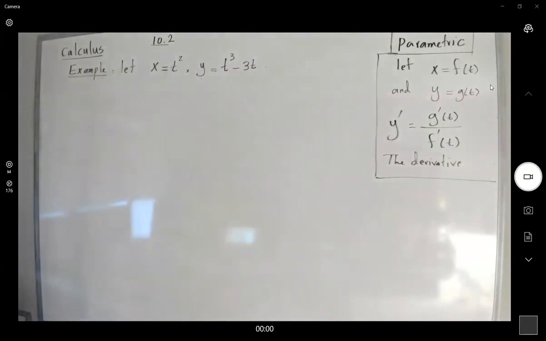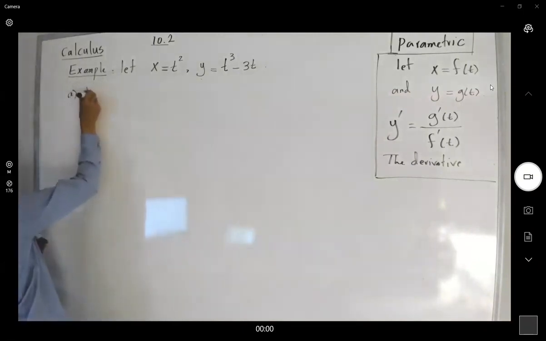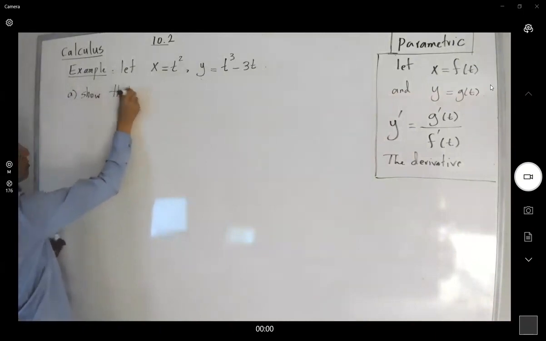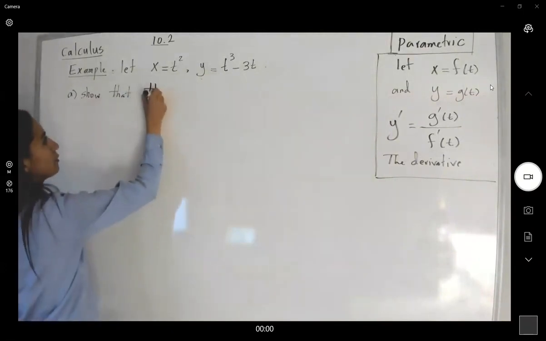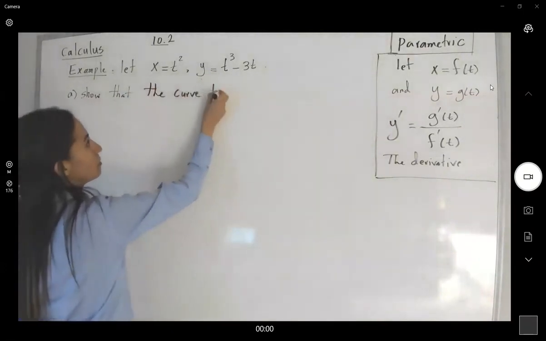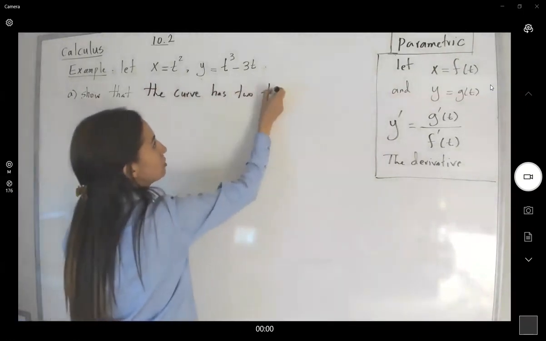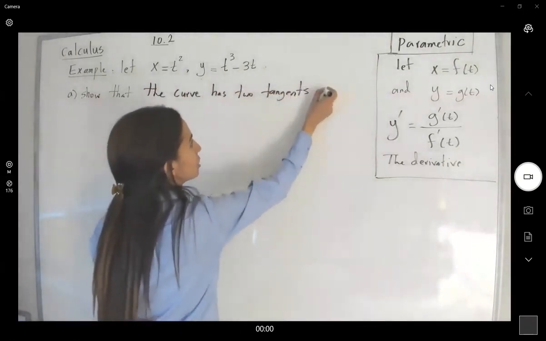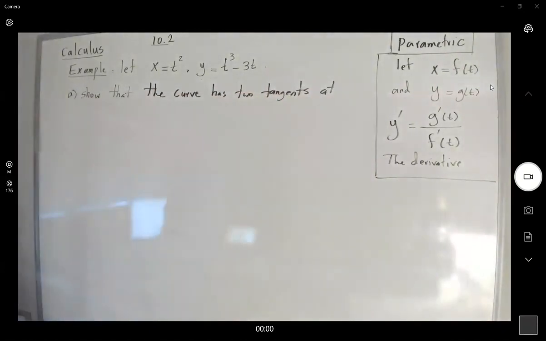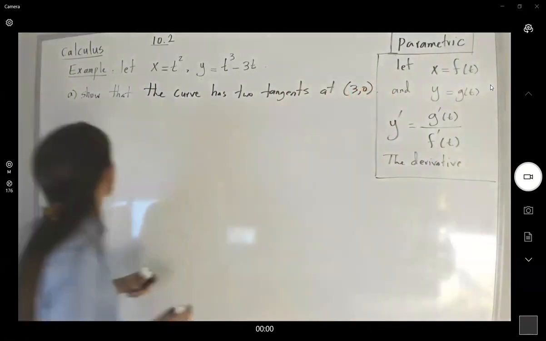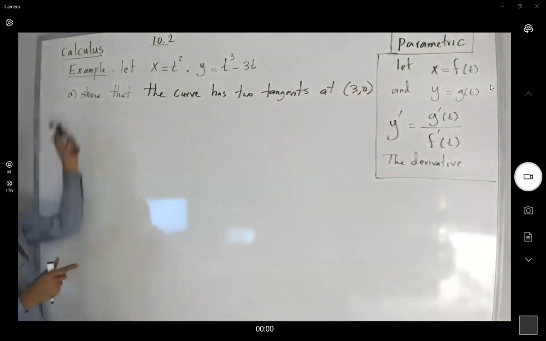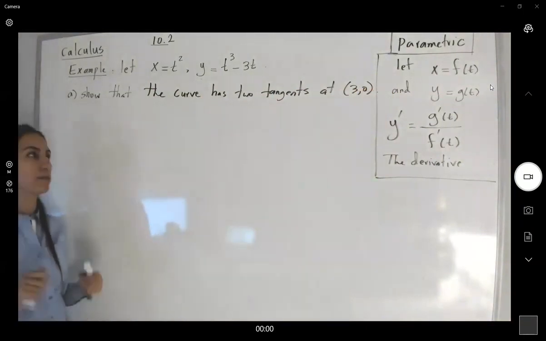The question says, show that the curve has two tangents at the point 3 and 0. Let's answer part A for now, then we write part B.